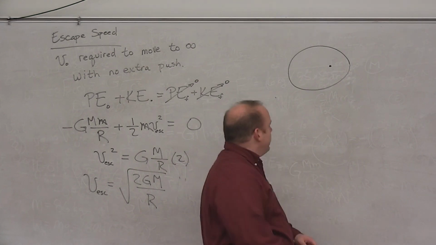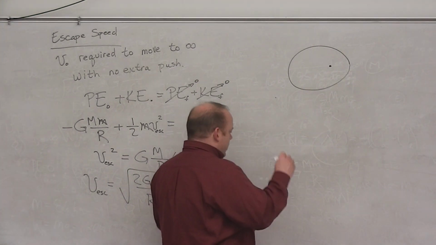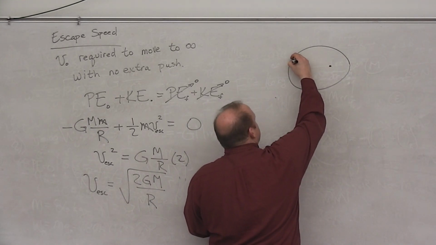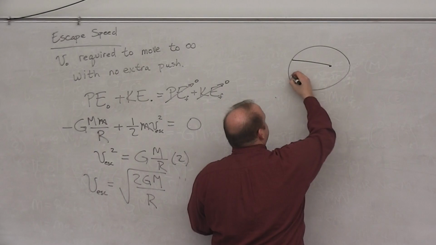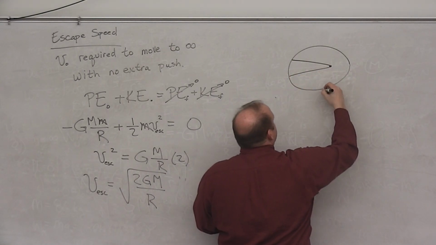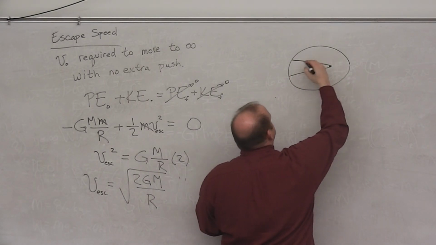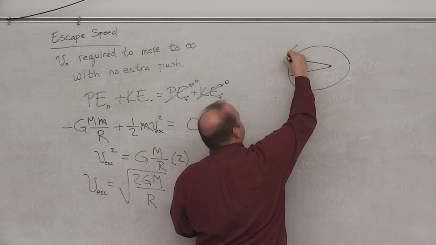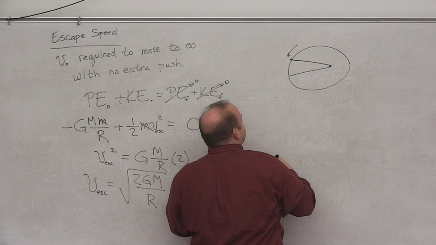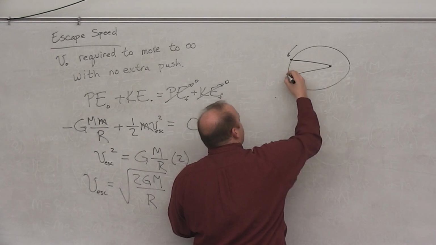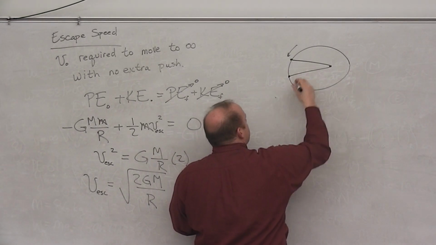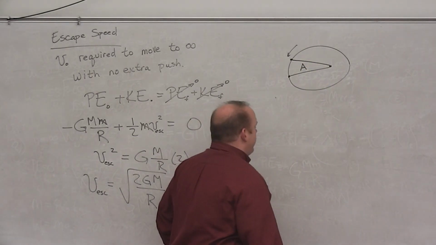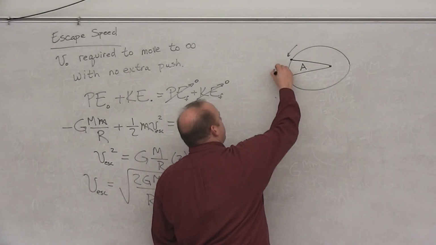Now, the other crazy thing that he did, this is what kind of blew my mind. He said that all objects sweep out the same area in the same time. So if I have this object that's rotating around in this direction, and it gets over here, it'll carve out this area in a certain period of time.